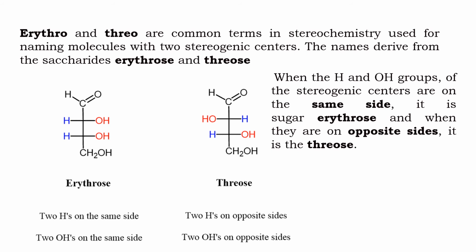Now we move to another type of configuration represented as erythro and threo. Erythro and threo are common terms used in stereochemistry. They are used for organic compounds having two asymmetric carbon atoms or stereogenic centers.